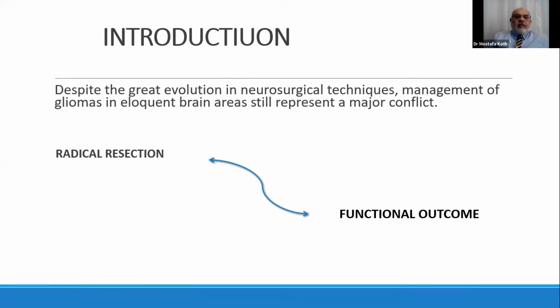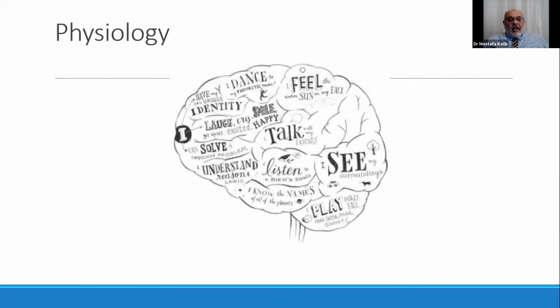As you know, when you operate on eloquent areas of the brain, you have a conflict between radical resection of the tumor and the functional outcome of your patient. This has always been a major conflict for us. Although we always speak about eloquent areas, actually the brain is all functional.